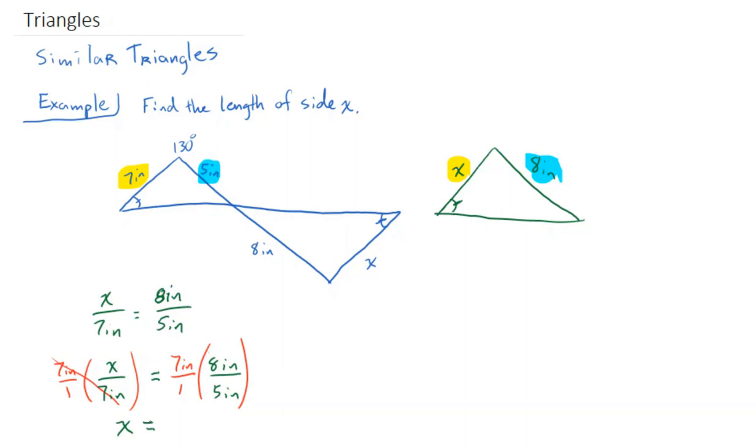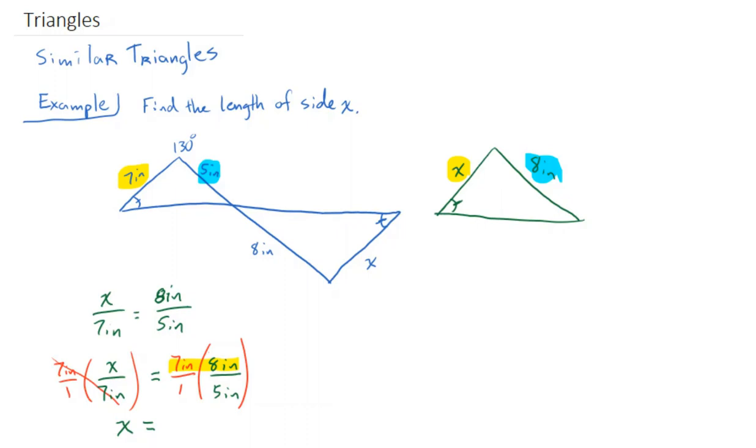You can take 7 inches divided by 5 inches, and then multiply in 8 inches. What I'm going to do, because the 7 and 5 don't reduce, is multiply 7 and 8 and then divide that by 5. It'll end up being a decimal, and I know that because nothing there divides evenly.